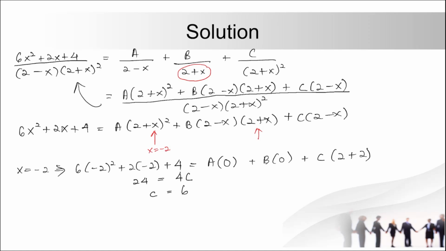So how about another value of x? What value of x can you choose so that you can eliminate one unknown? The next value I would choose is x equals 2. So when x equals 2, substitute 2 in the equation.